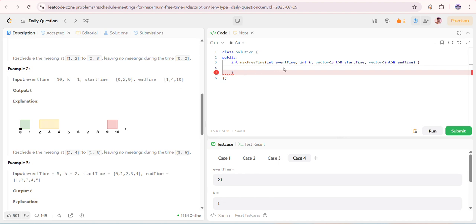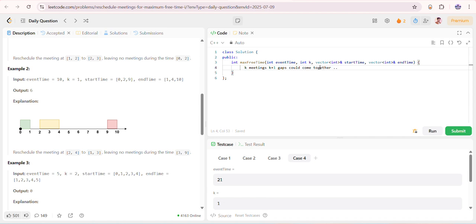This means that if we move k meetings, if we reschedule k meetings, then k plus 1 gaps could come together. I am writing this in the editor, and this is the target approach that gives the solution to this question.